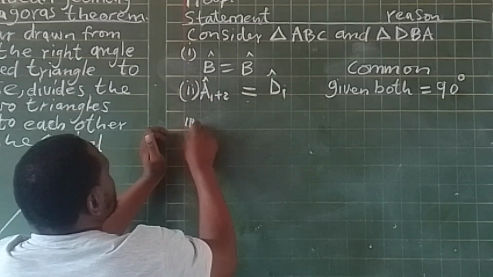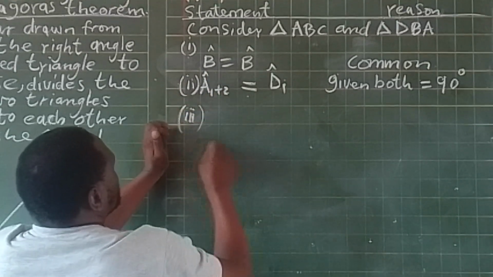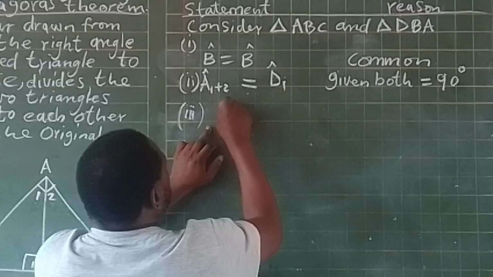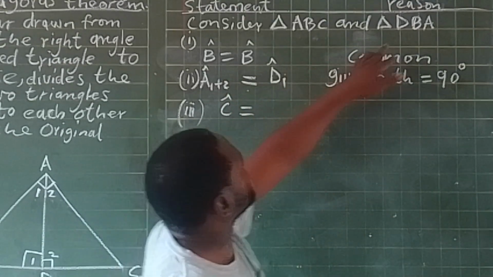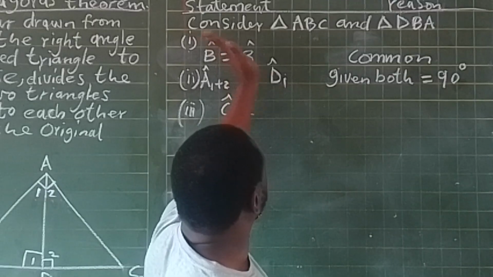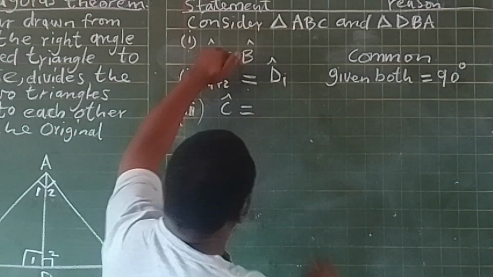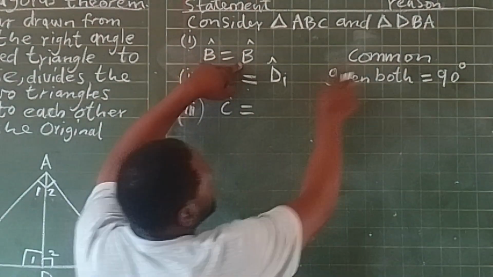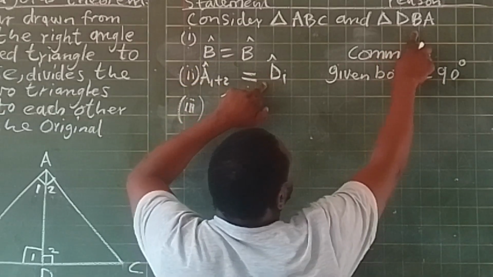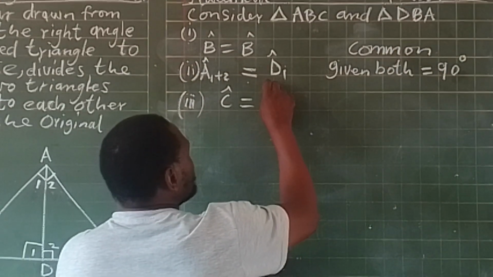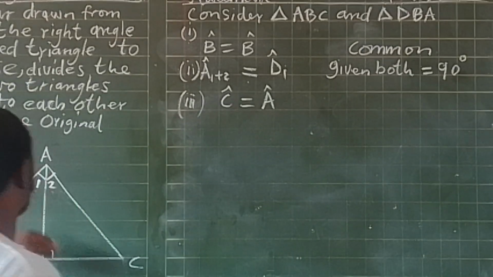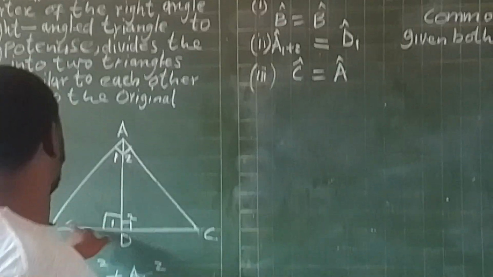The third one is C. And C is equal to, which one is missing from triangle DBA? It's B and D, so the missing angle is A. So angle C is equal to angle A. Which A is this one?